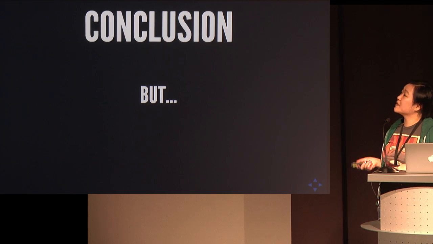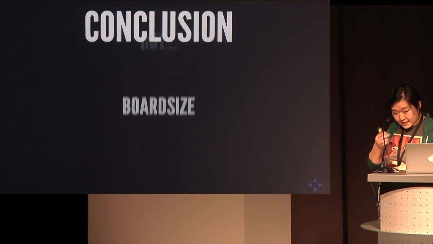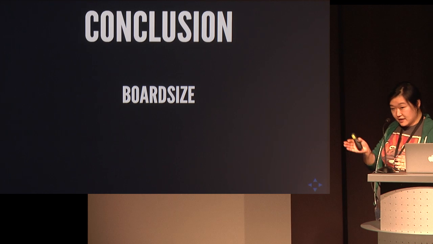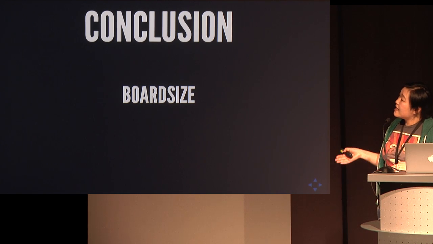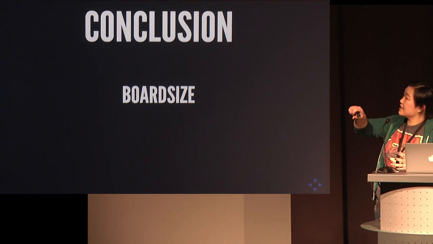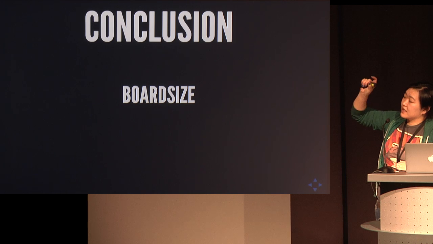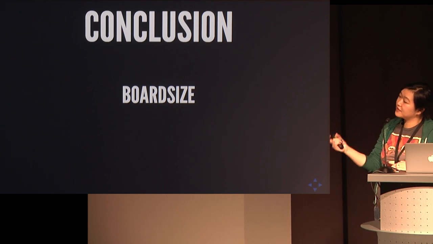But we have a few problems, and I think I'm not going to be able to fix them with this particular framework, with this particular system. The one thing is that the board size is kept. There are 16 tile spaces, and after a time it becomes very crowded on the board, because you always have to have a 512, and then a 256 next to it, and you need another 256 to merge those.